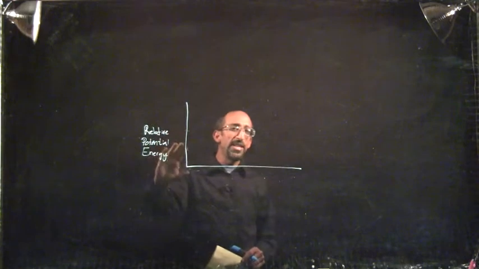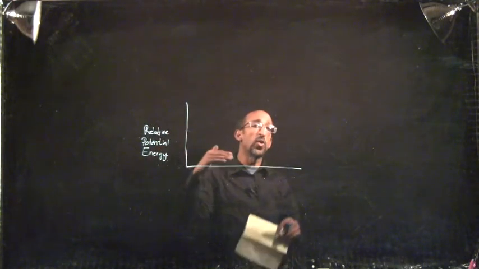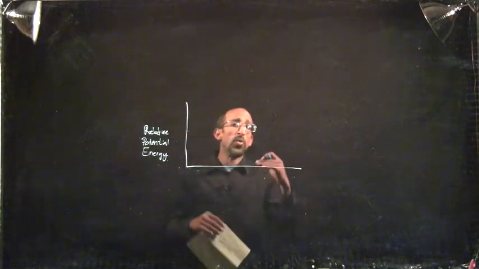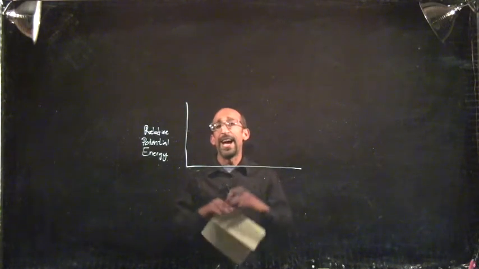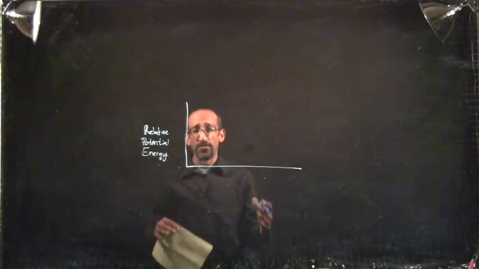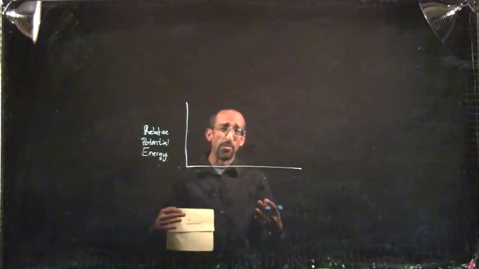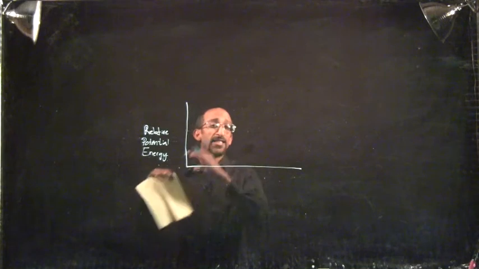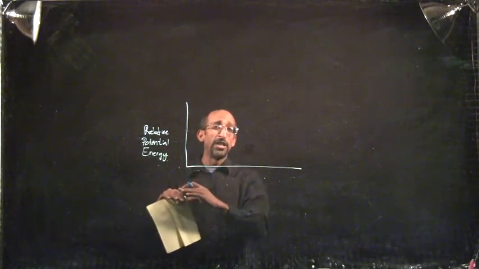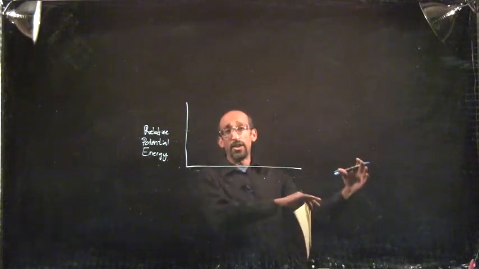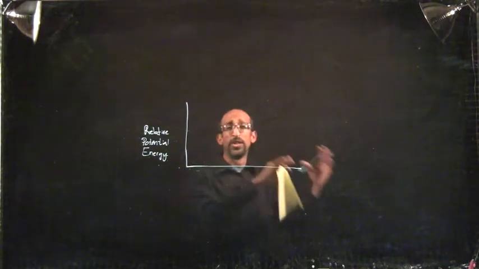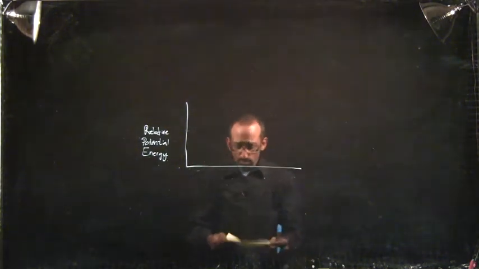But generally speaking, we are qualitatively comparing two different states. We are not necessarily interested in the absolute energy differences or the absolute energy of a molecule. We are usually interested in what is this molecule's energy relative to another molecule's energy, or this conformer's energy relative to a different conformer's energy.